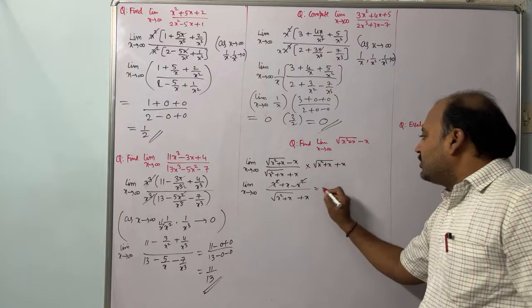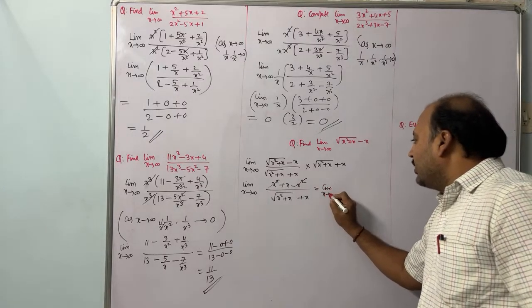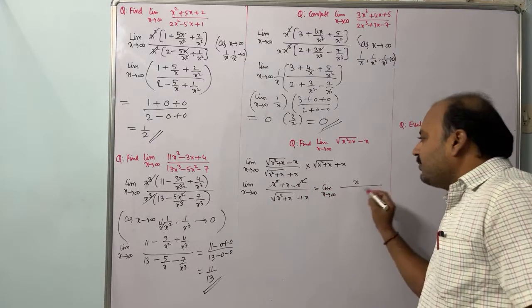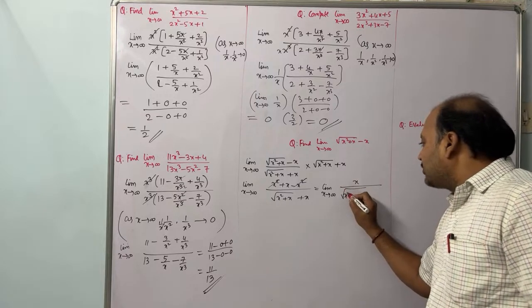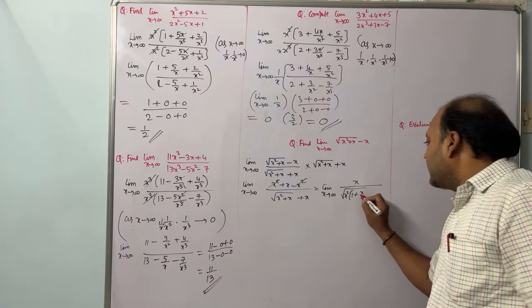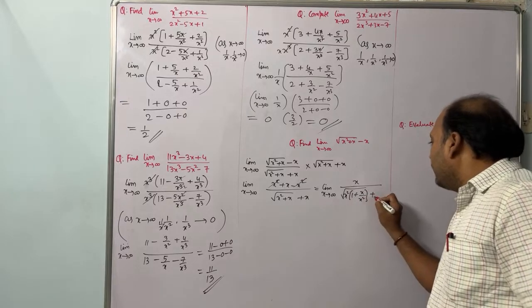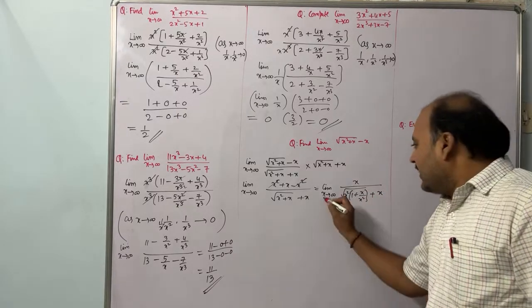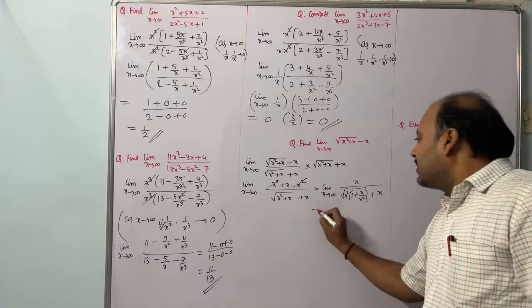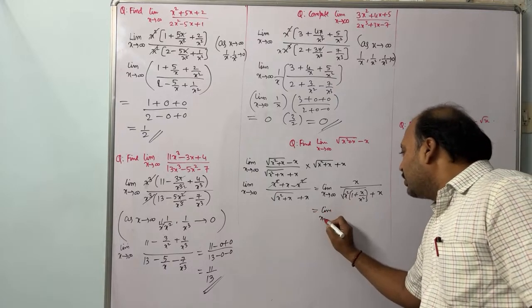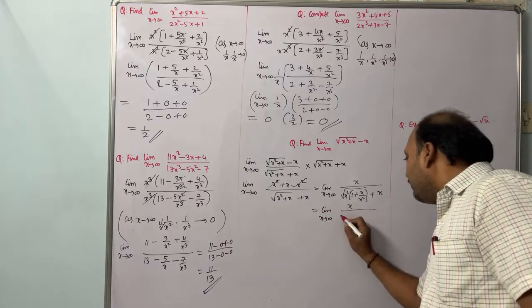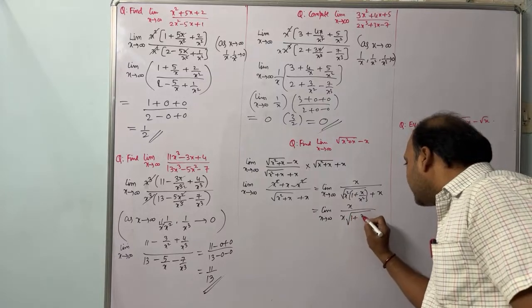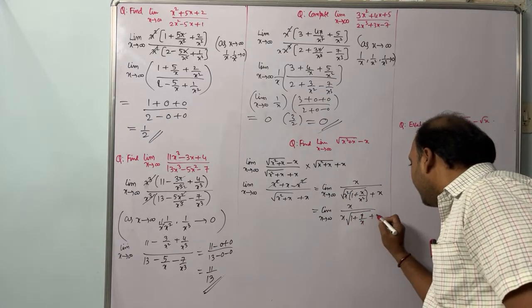So this is equal to limit x tends to infinity, x divided by root of x square, take common, 1 plus x by x square plus x. As x tends to infinity, x square will become positive only. Limit x tends to infinity, x divided by x into root of 1 plus 1 by x, plus x.